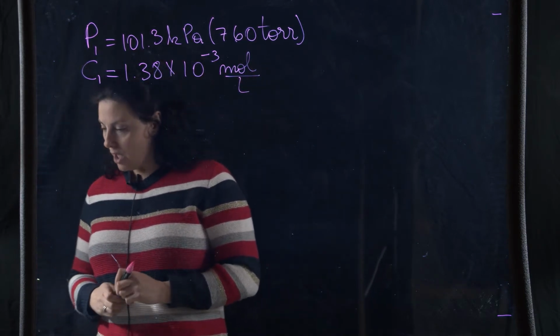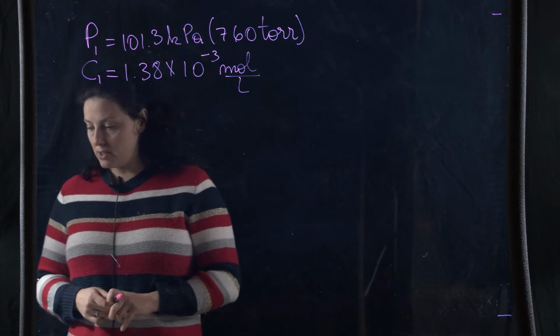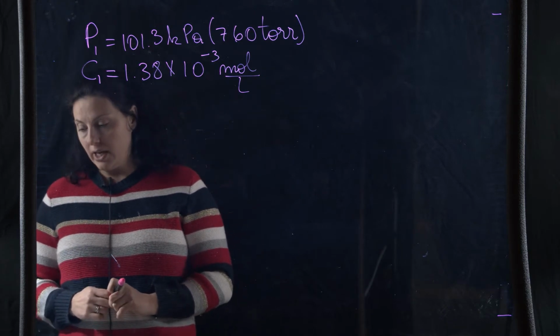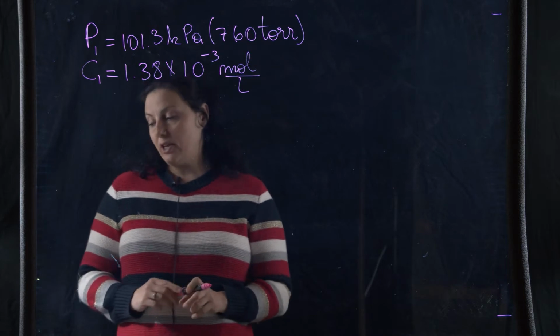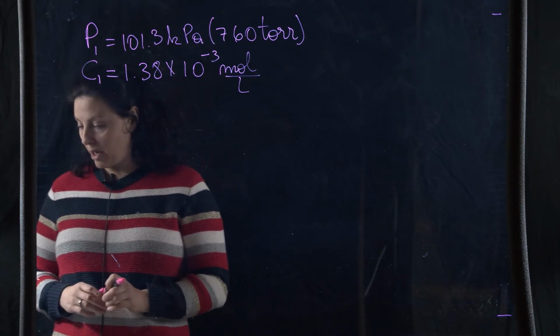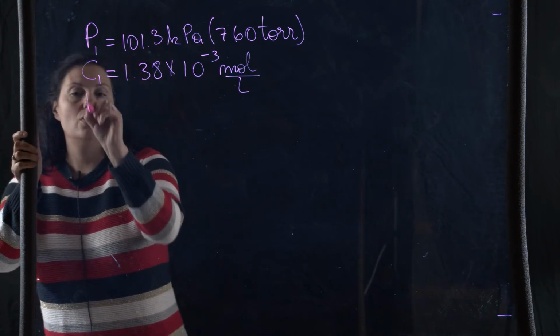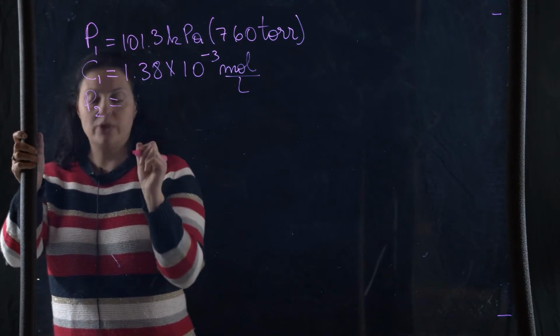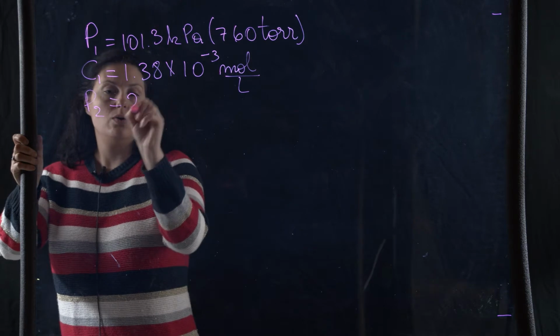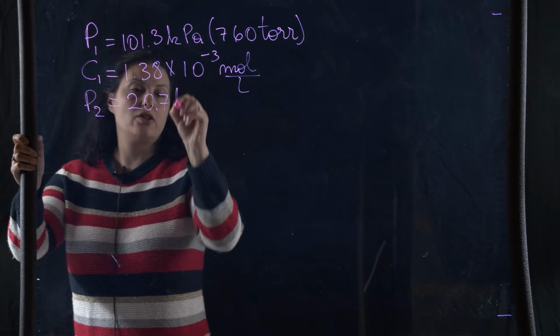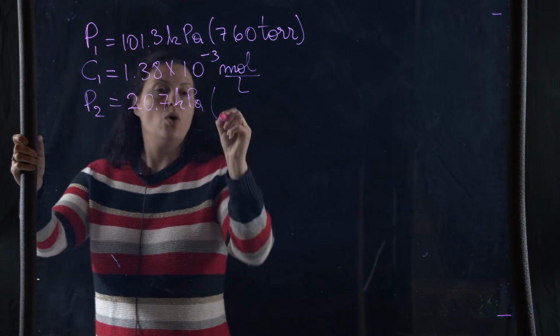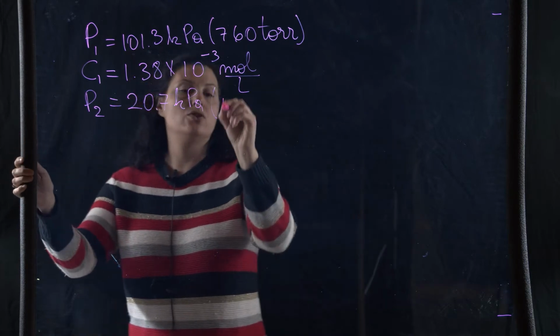Use Henry's law to determine the solubility of oxygen when its partial pressure is 20.7 kilopascal, which is the approximate pressure of oxygen in Earth's atmosphere. So what about in pressure number 2, 20.7 kilopascal, or 155 torr?